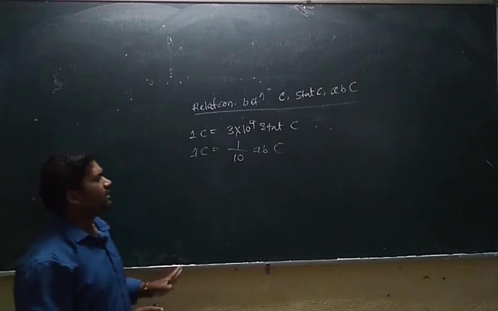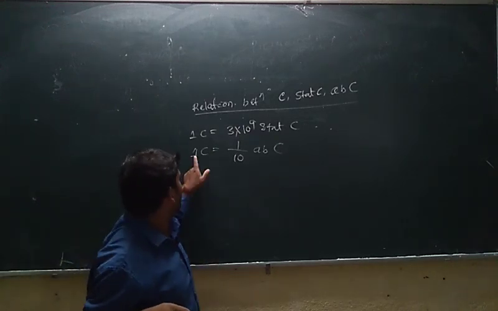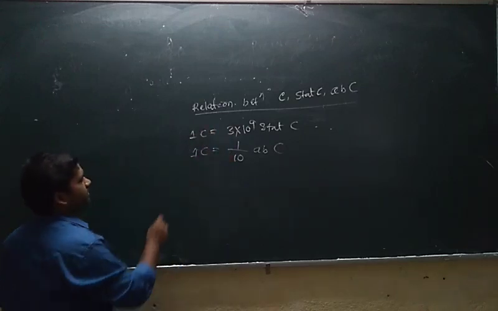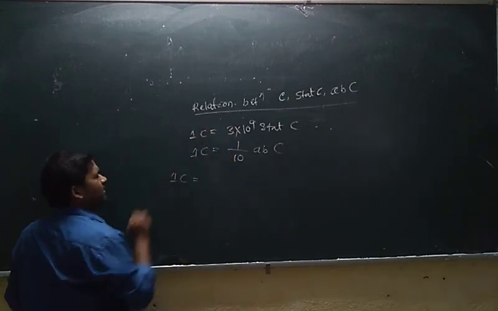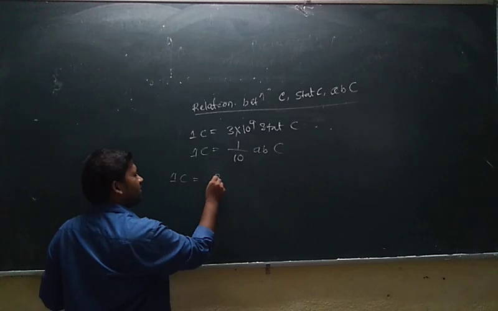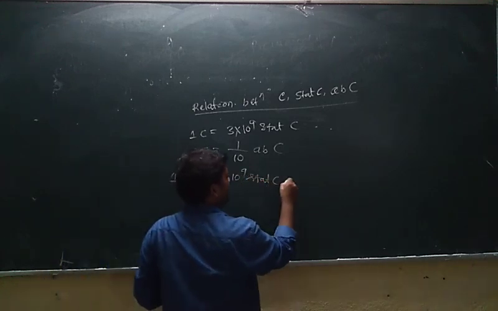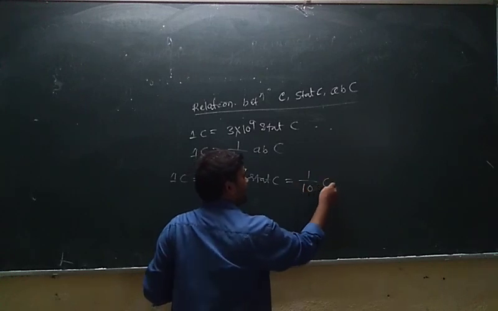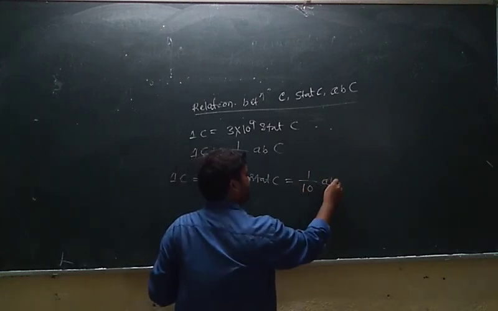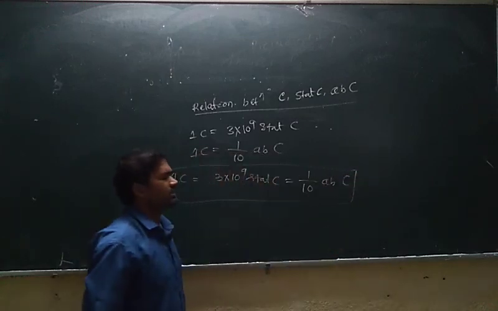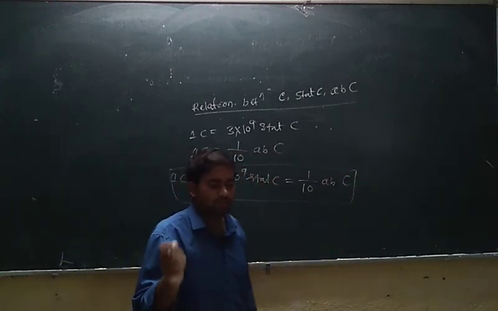Okay, and that is the electromagnetic unit of charge. So 1 coulomb equals 3 into 10 to the power 9 statcoulomb equals 1 by 10 abcoulomb. So that is the relation between coulomb, statcoulomb and abcoulomb.